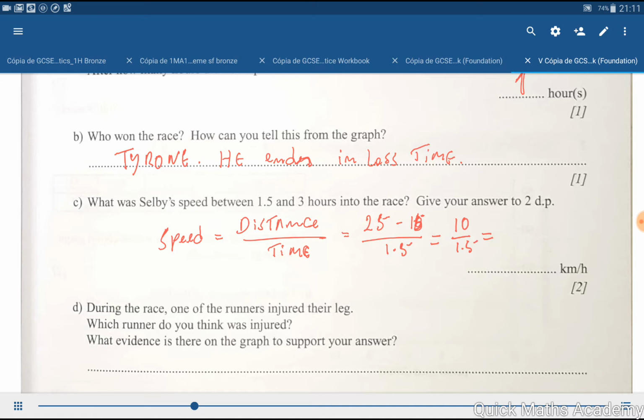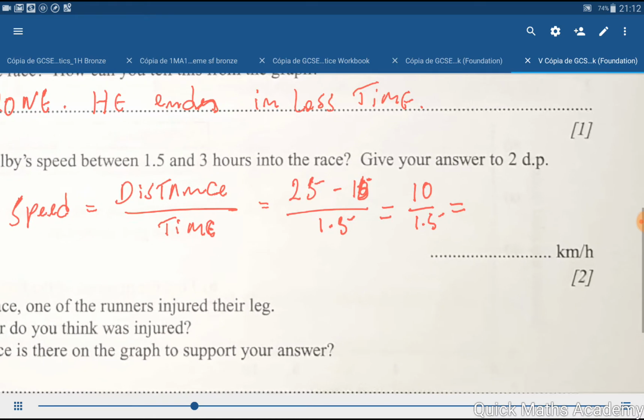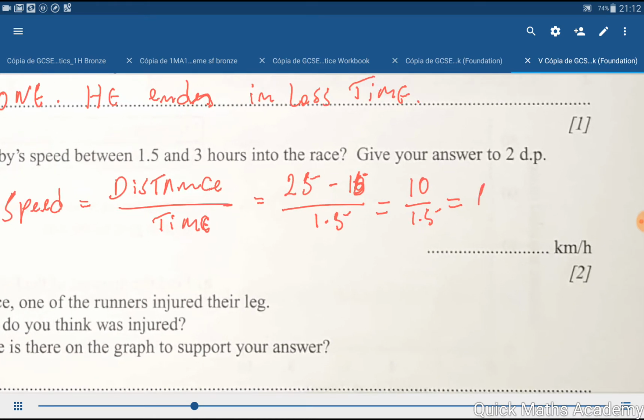So 10 divided by 1.5, to 2 decimal places, is 6.66 kilometers per hour.